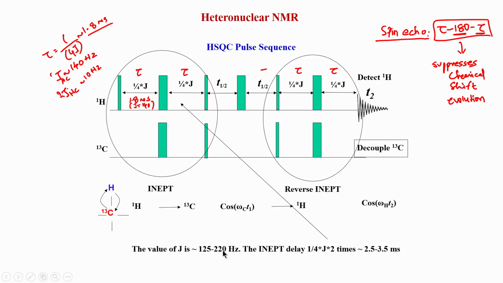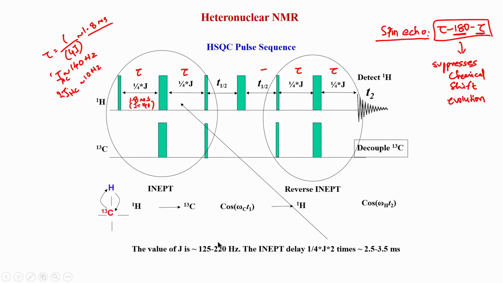This is called mistuning of the INEPT delays, but that is bound to happen because we can't have a single number. One of the areas of research in NMR has been to have what is called a broadband INEPT, meaning given a single delay value, can I still get optimal transfer between proton and carbon for methyls as well as aromatics.